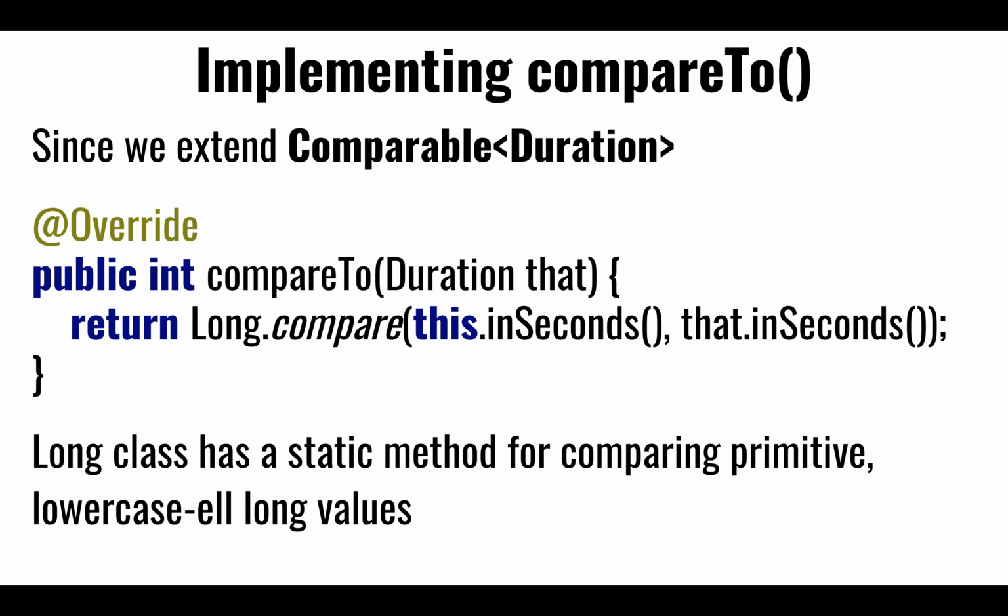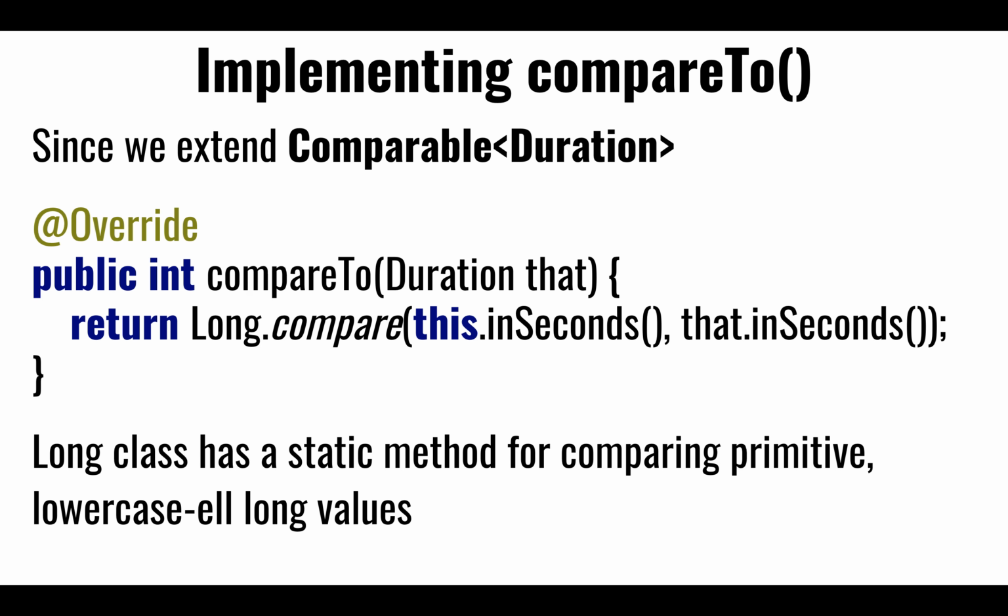So the Comparable interface exposes this particular function, compareTo, which gives us a chance to let the interface know whether one is bigger than the other. That's easy. We know we can compare long values.